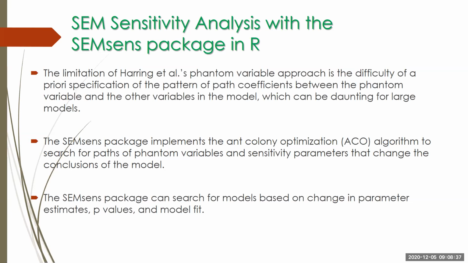Remember again that the sensitivity parameters are the paths of the filter variable. And if you have a complex model, either you create very few sensitivity parameters, or you have to fit a very large number of models. So it may become very complicated.